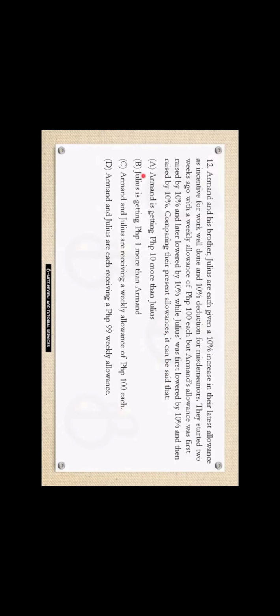Now let's have this step-by-step solution. First, let's try to see the allowance for Armand. It says here that he has an increase first by 10%. So increase by 10% means 100 plus 10, and that is equal to 110.